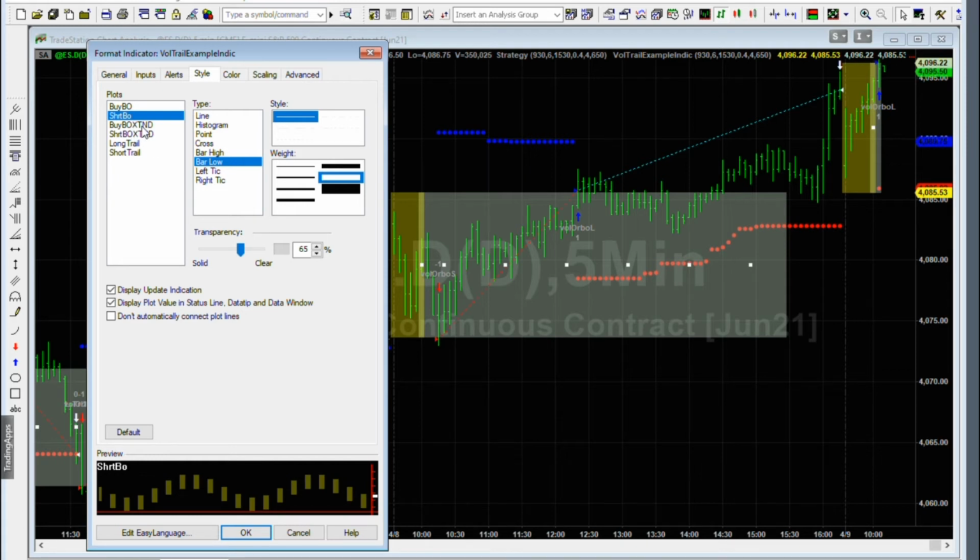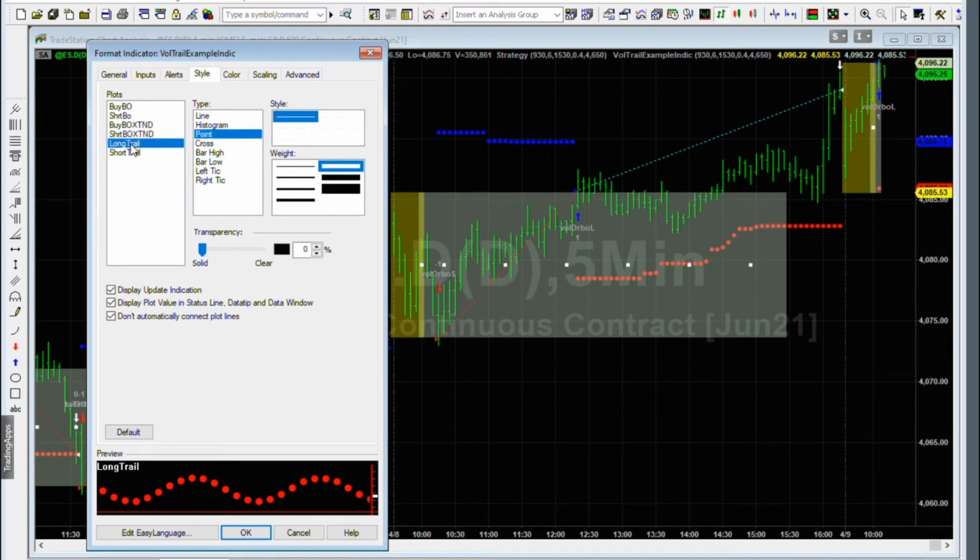After the first 6 bars, I have this buy breakout extension, and it needs to be bar high, same width, and the transparency you can increase or decrease. I made it a little bit lighter, probably just because I didn't remember the setting, but you can set these to anything you want.